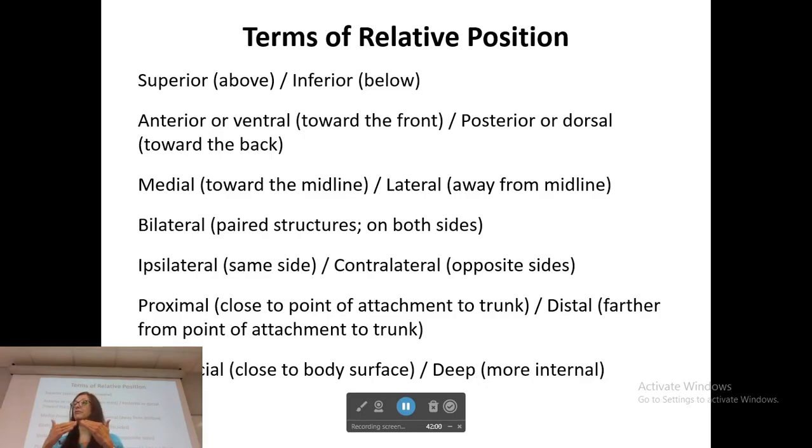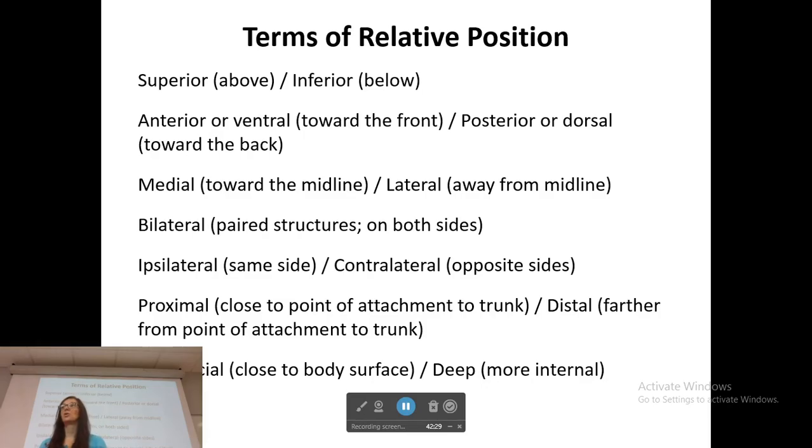They're above the diaphragm. Give me an example of an organ that is inferior to the diaphragm. It's below. Okay, the kidneys, any of the organs below. What's that big one that's right below the diaphragm? Liver. The liver, right? Okay, so the liver is inferior to the diaphragm.